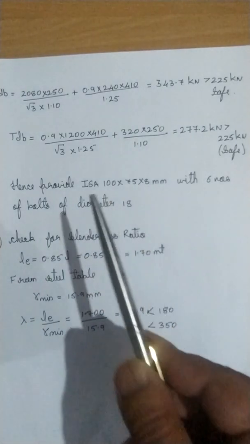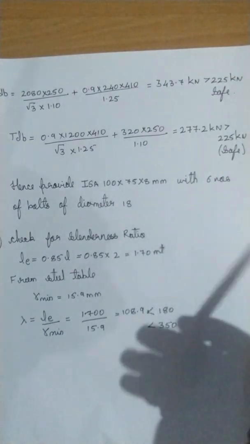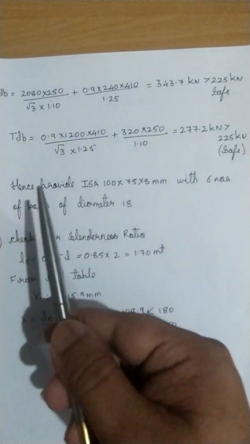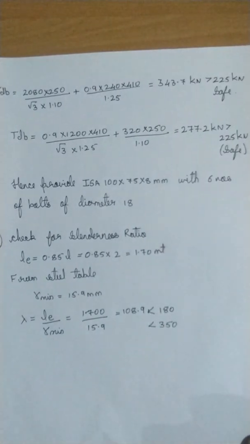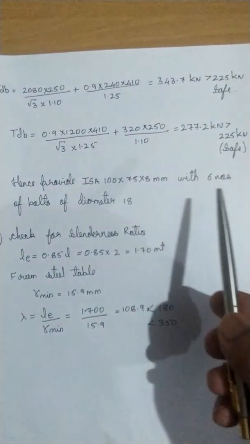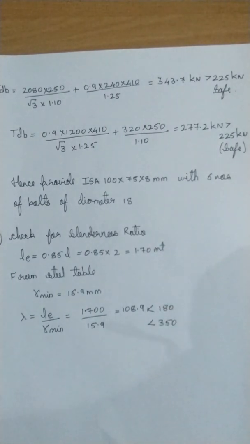Hence we can use the section ISA 100 by 75 by 8. So we provide ISA 100 by 75 by 8 with 18 mm diameter bolts, 6 numbers. Now, they have also asked in the question for the check for slenderness ratio.